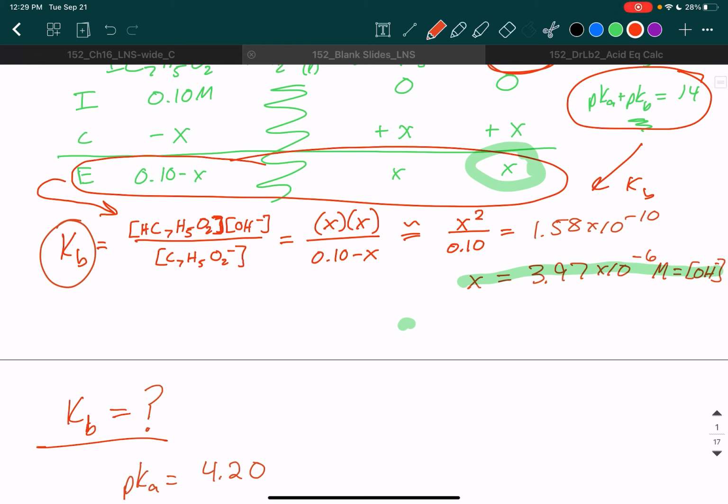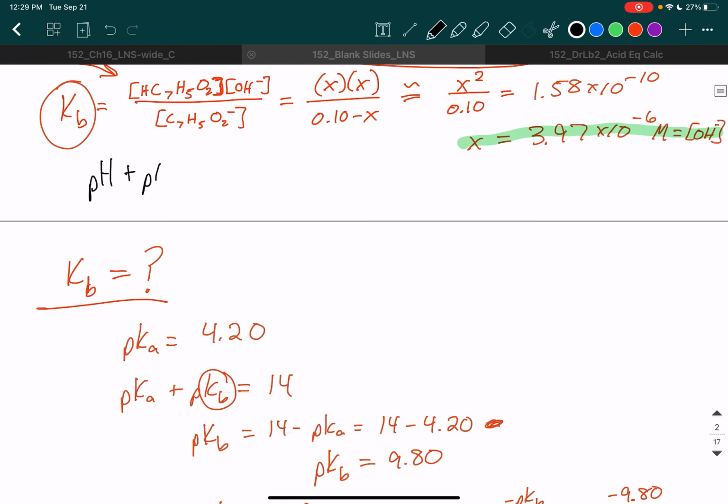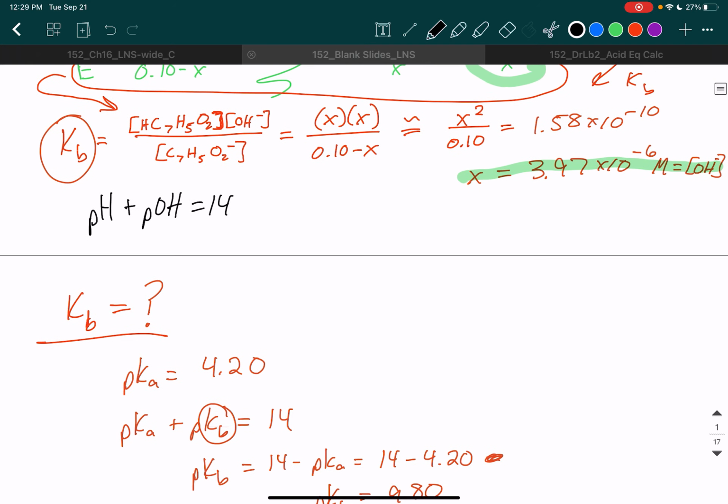So I still don't have the pH, but ever so close. We know pH plus pOH equals 14. So my recommendation is to convert this to the pOH.